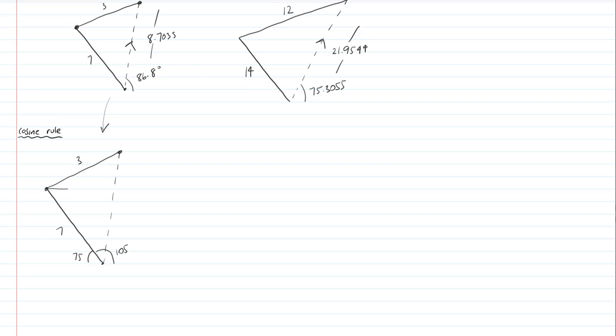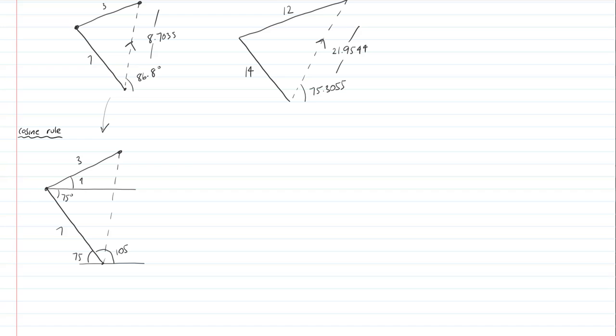If I draw a nice little flat line here, this is 75. They are either alternate angles with the 75s, or co-interior angles where I connect the 75 and the 105 to form a supplementary pair.